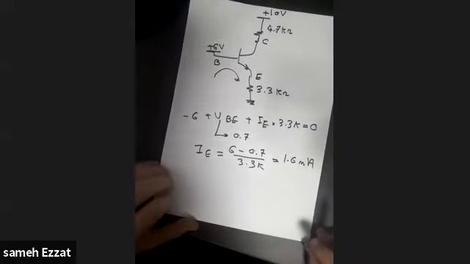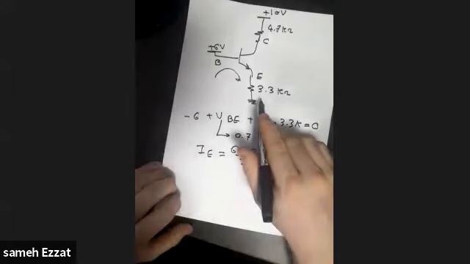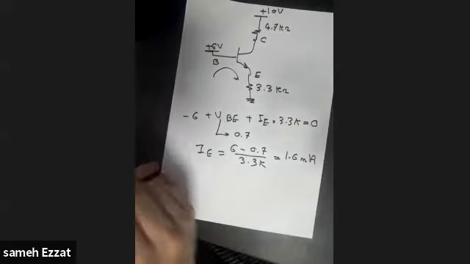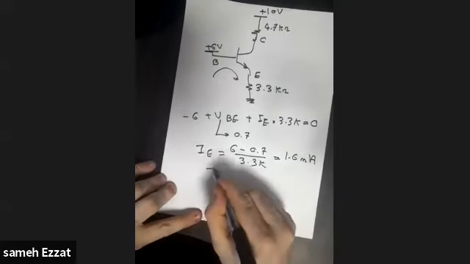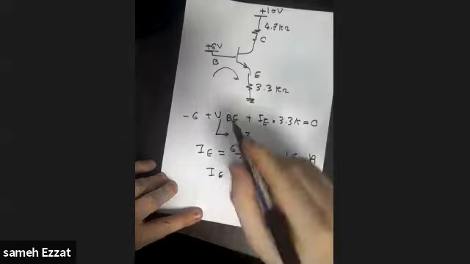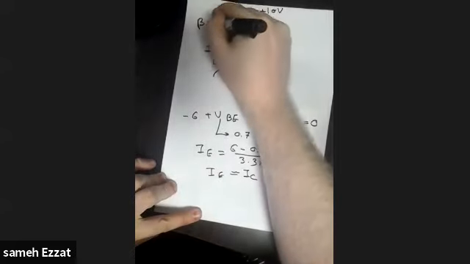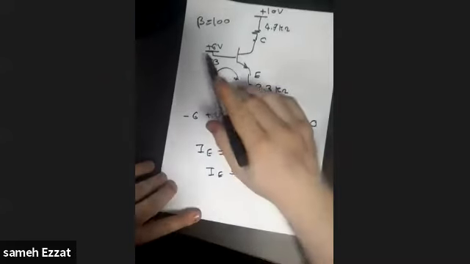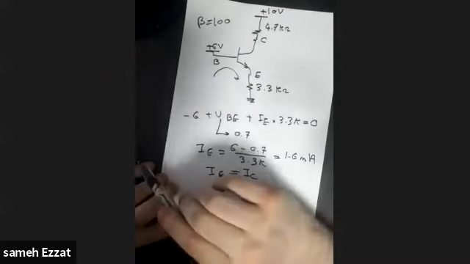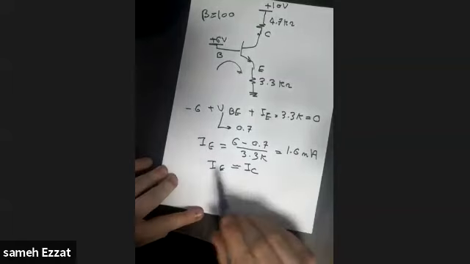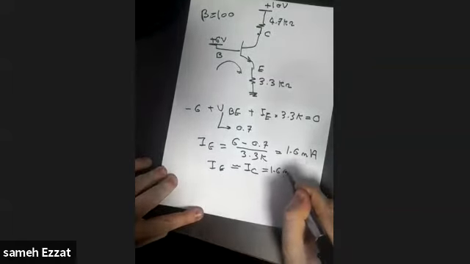Let's continue. So we know now the emitter current. We can say that the emitter current is roughly equal to the collector current. By the way, in this example, beta is also given as 100. It's a typical example like the first one, but only replacing the 4 voltage with a 6 voltage. So beta is given. So IE equals IC equals 1.6 milliampere.